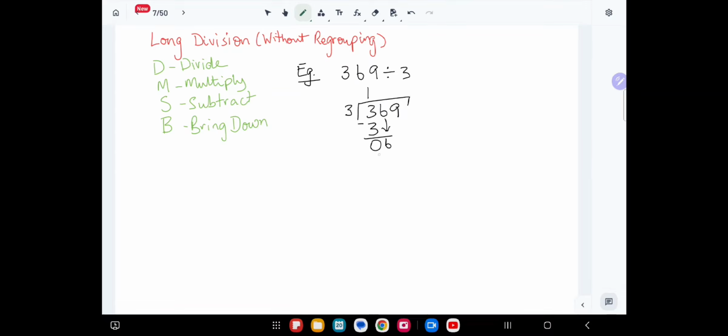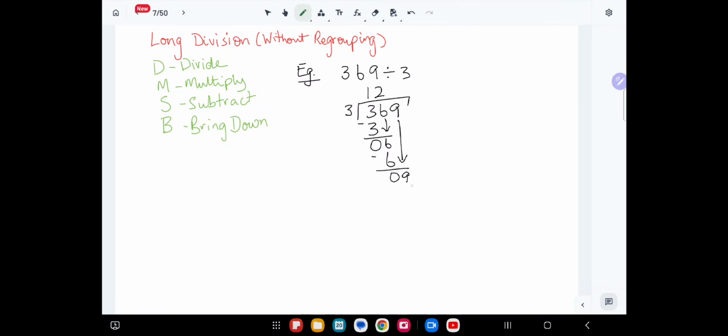So this number now becomes 6. So we divide it again. We say 3 can go into 6 2 times. Next step is to multiply. 2 multiplied by 3 is 6. Next step is to subtract. 6 take away 6 is 0. Next step is to bring down.